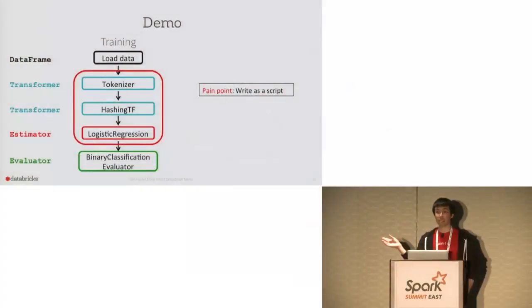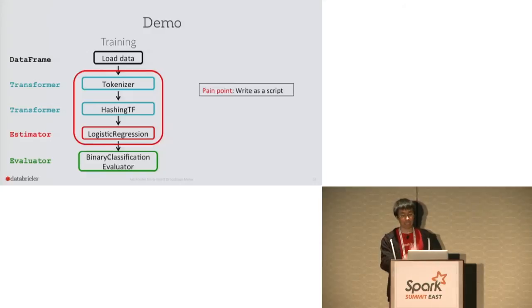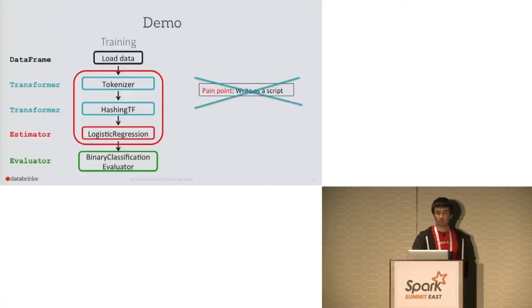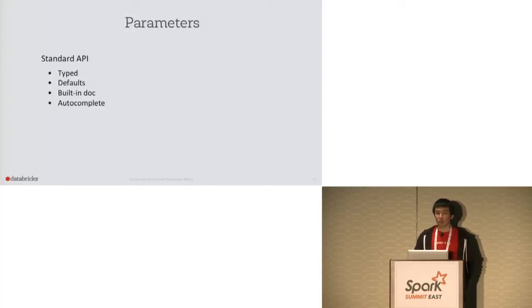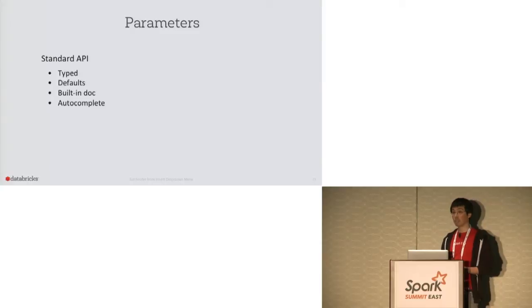So you saw this. This handles the issue of writing as a script pretty well, where you noticed when we loaded that test data set, I simply ran the pipeline model on the test data set. But what we haven't done yet is handle parameter tuning. So I'll mention quickly, we've put a lot of work into making the parameter API very nice.